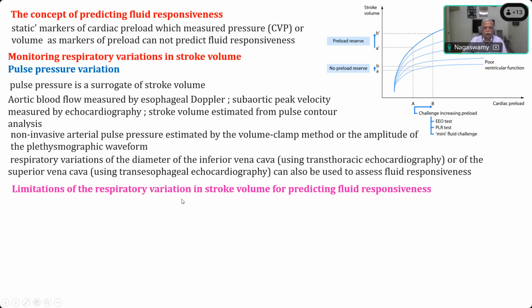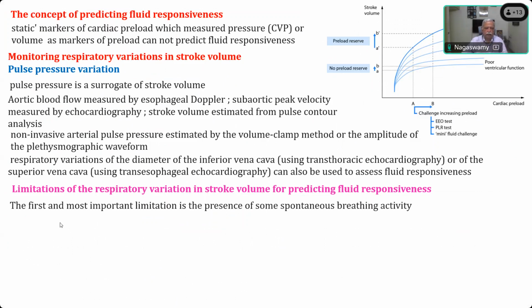So there is a limitation for assessing fluid responsiveness by assessing the stroke volume according to the respiratory variation. The first is patients who are being ventilated: unless they are totally paralyzed or totally apneic, they always have some spontaneous breathing activity that will interfere with the mechanical ventilation, number one.